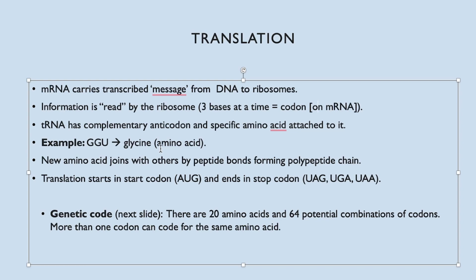We are going to see in the next slide how it works. This is the example of a codon, GGU. Notice that here we have uracil that tells us that this is RNA and not DNA. This codon will bring a transfer RNA that has the amino acid glycine attached to it.